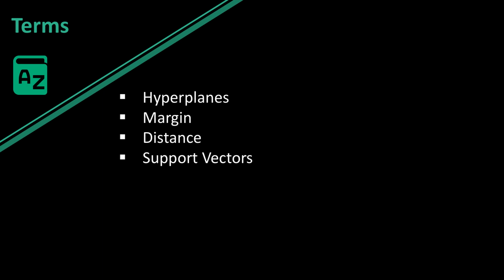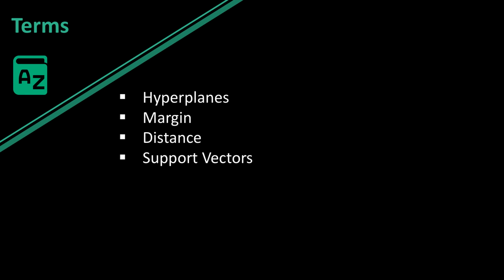So now that we've talked about that, let's give a very brief summary of the key terms. We've talked about hyperplanes. Hyperplanes are the actual boundary between classes. We've talked about margins. Margins are the space between a hyperplane and the first vector, which is the first data point. The distance is each side of the margin.